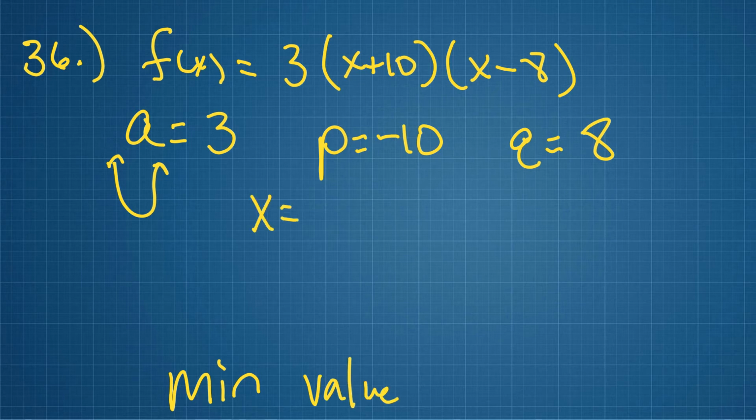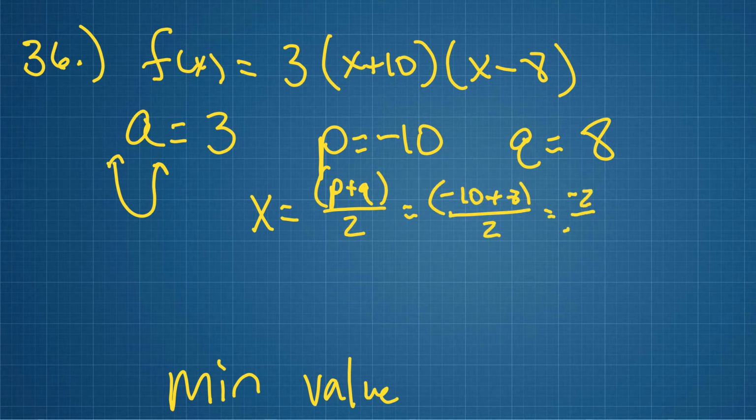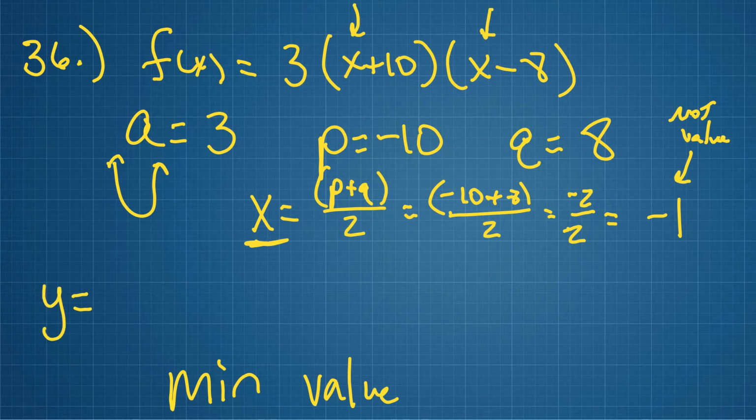Now I have to find out the vertex, and the x value of the vertex is p plus q all over 2. So I do negative 10 plus 8 all over 2. I get negative 2 over 2, which is negative 1. This is not the value because it's x. So I have to plug negative 1 in for x right there and right there. So to find y, which is going to be my value, I say 3 times the quantity, negative 1 plus 10, negative 1 minus 8.